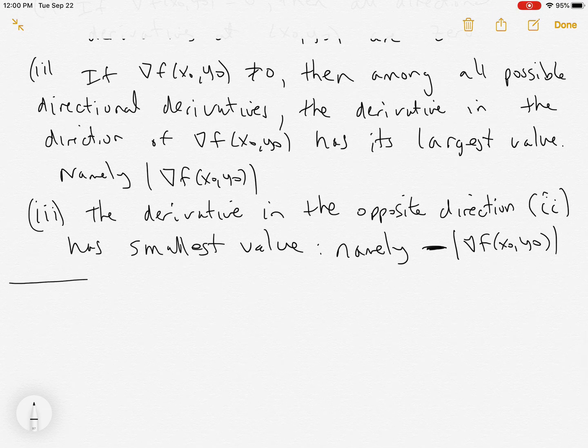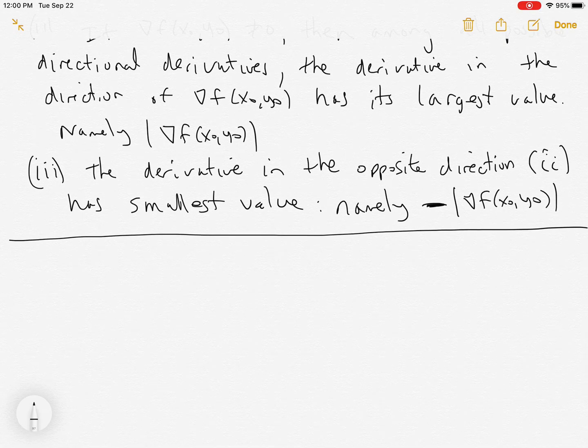Okay, let's look at some pretty pictures here. Actually, let me do this. Let f of x, y be a function.